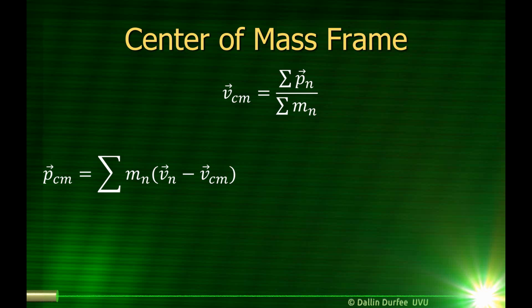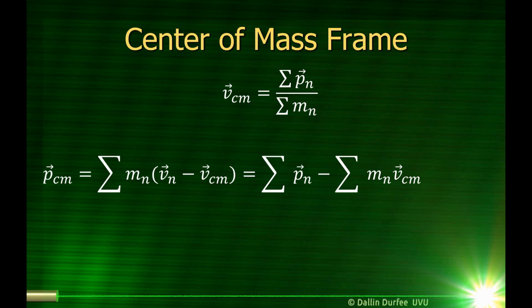Well, I can take this sum and separate it into two pieces. The first piece is just mass times the velocities, so that just gives me the momentum in the original frame. And then I have mass times the velocity of the center of mass, which we subtract in that sum. Well, the velocity of the center of mass is the same for every particle, it's just a constant, right?